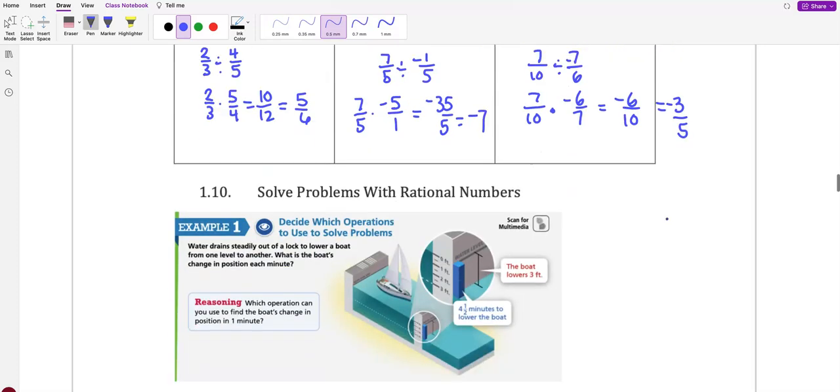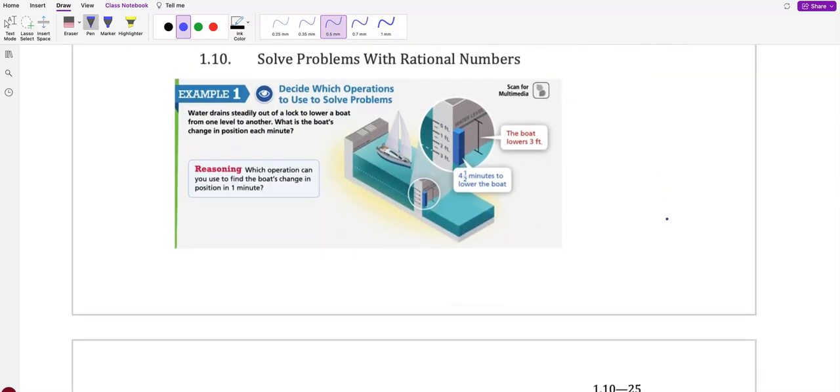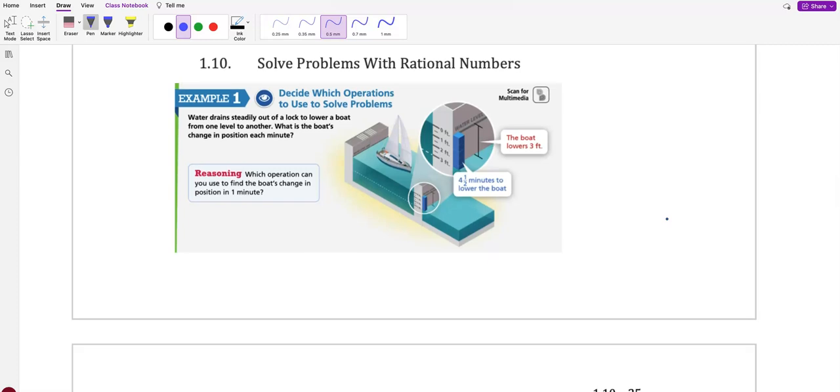Let's look at this example. Water drains steadily out of a lock to lower a boat's level from one to another. What is the boat's change of position in each minute? So it went 3 feet in 4.5 minutes. So 3 feet in 4.5 minutes.